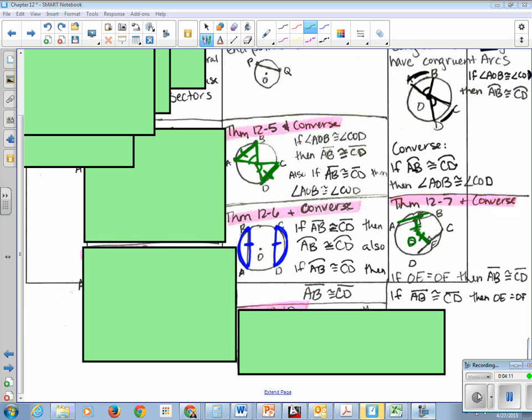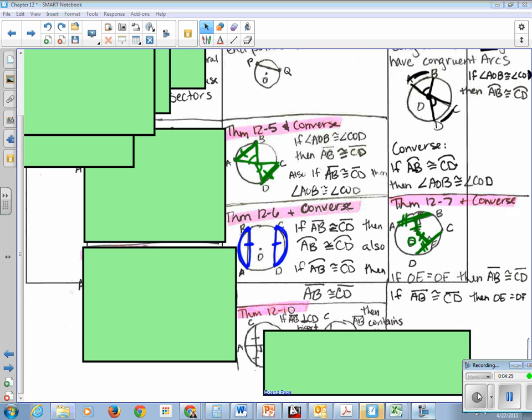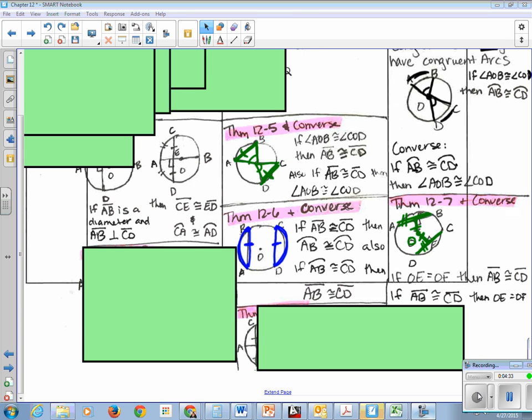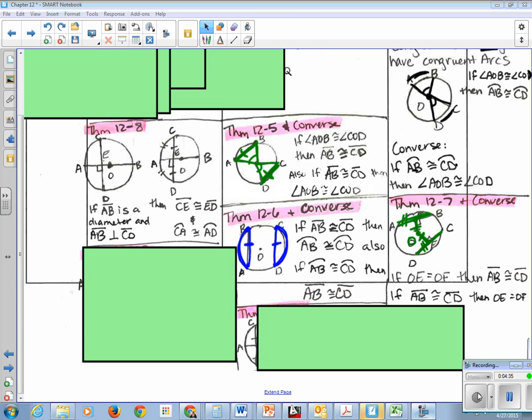So AB is here. It's congruent to CD. And the converse is true. If AB is congruent to CD, then OE is congruent to OF.